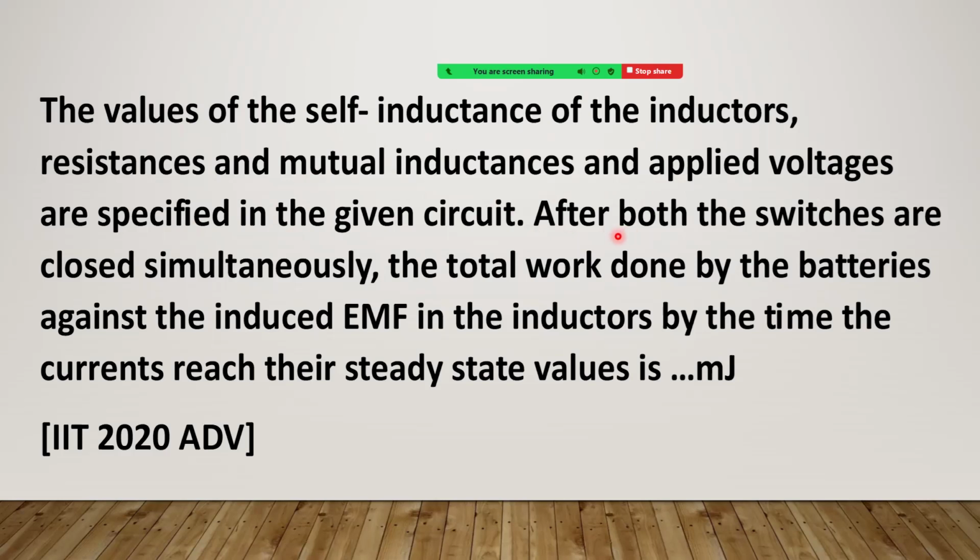After both the switches are closed simultaneously, the total work done by the batteries against the induced EMF in the inductors by the time the currents reach their steady state values is. So this is what we have to calculate. Let us see how to start.